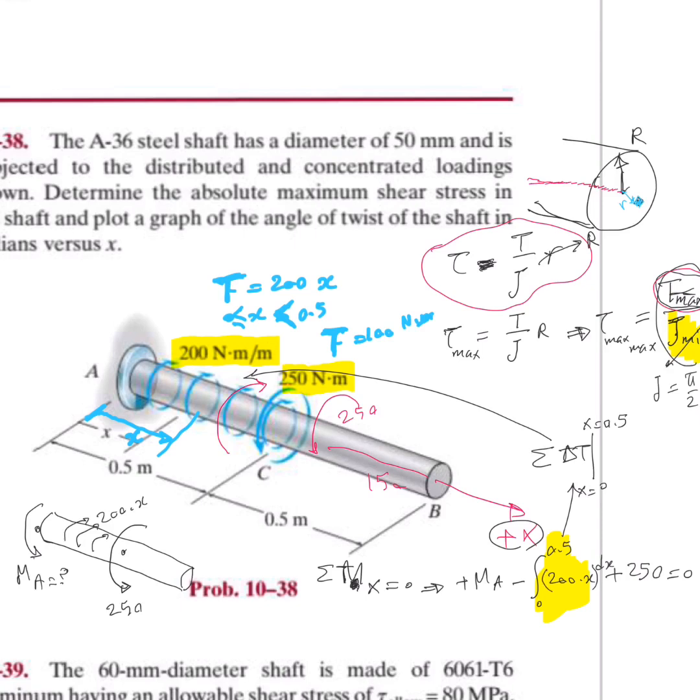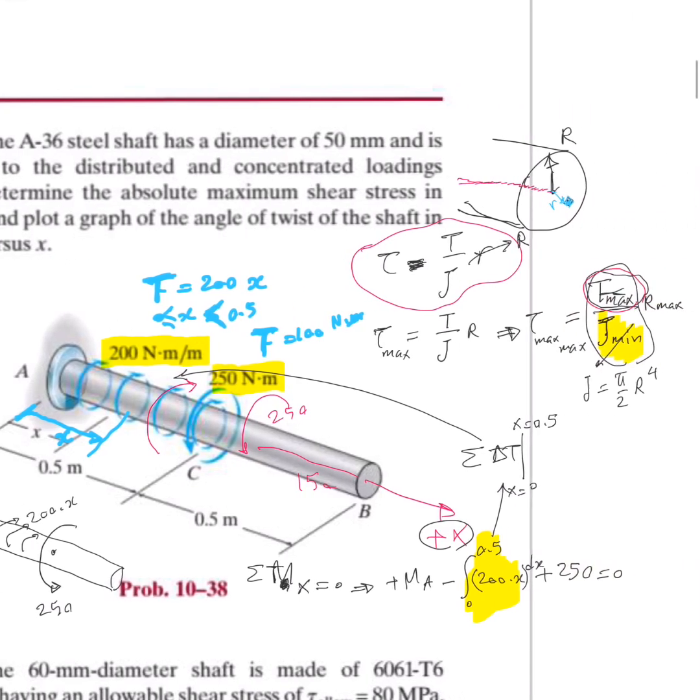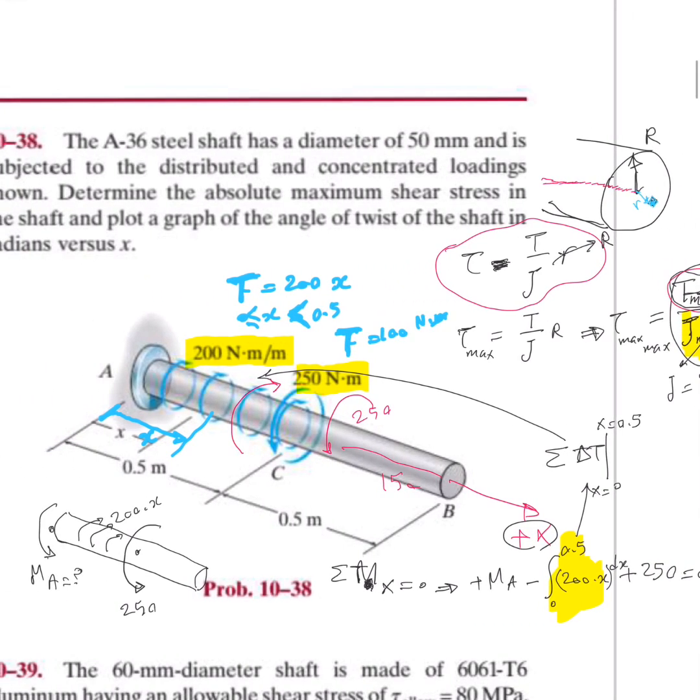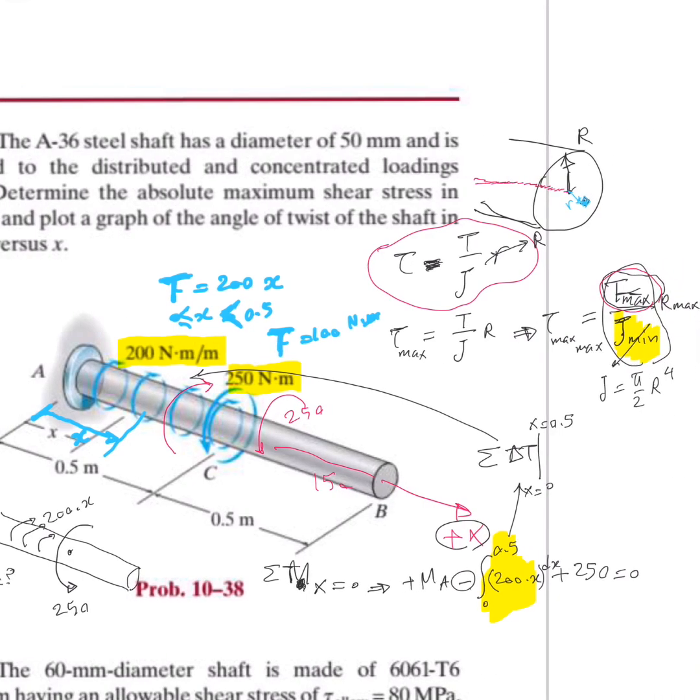It's simply the summation of torque in this region. Because the direction was negative, I included a negative sign here. But for 250, I included a positive because, using your right hand, you see this 250 is going to the right direction. That's why I have a positive here, equal to 0.